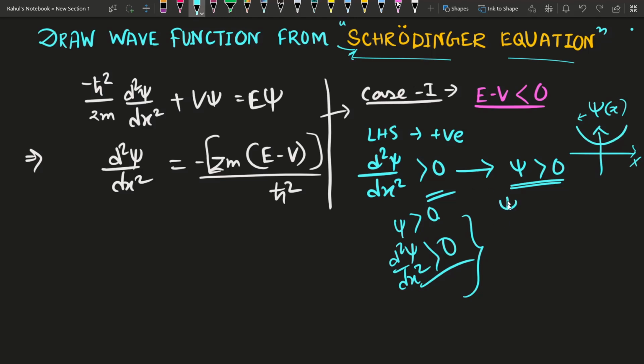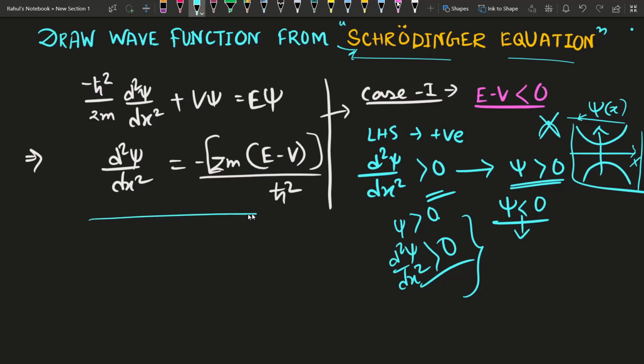And what will happen below the x-axis? Whenever psi is negative, there will be a maxima. So the wave function will look like this. It will not happen that above the x-axis the wave function will look like this, that means it will not have a maxima. Okay, this is case number 1.